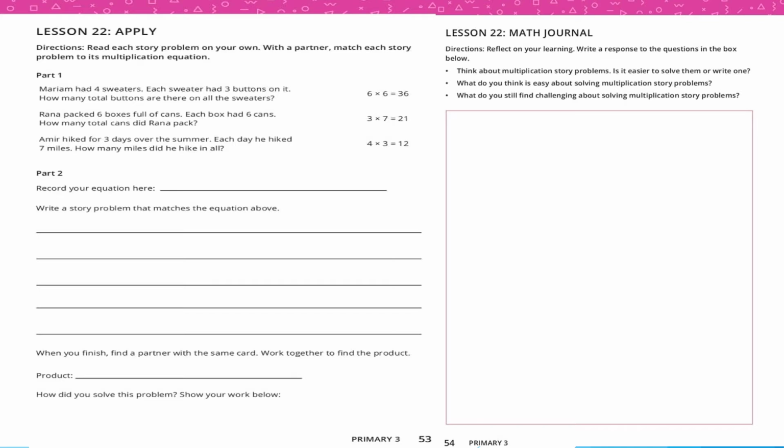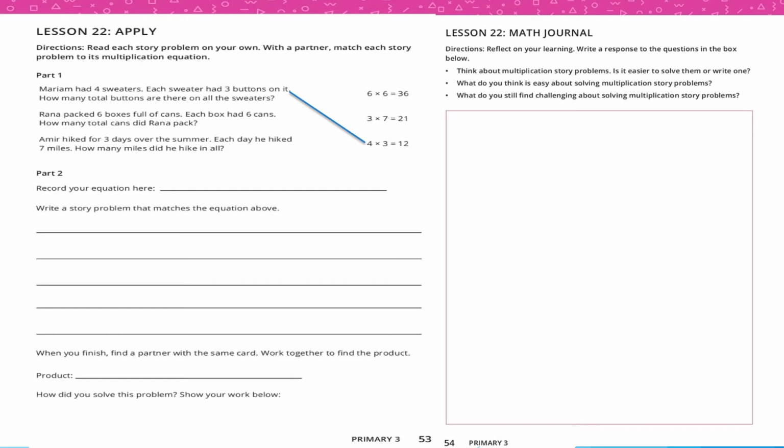How many total buttons in all sweaters? We will multiply 4 times 3 equal what? 12. Yes. So we will connect it by 4 times 3.